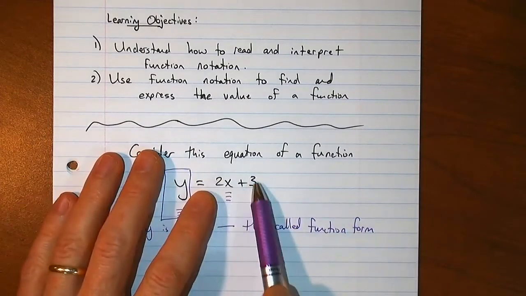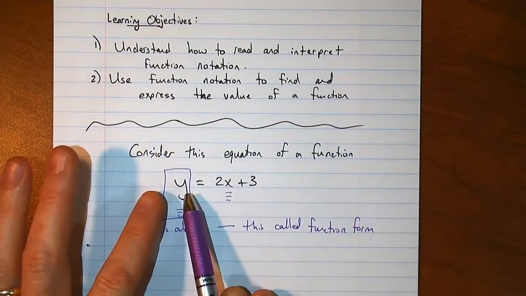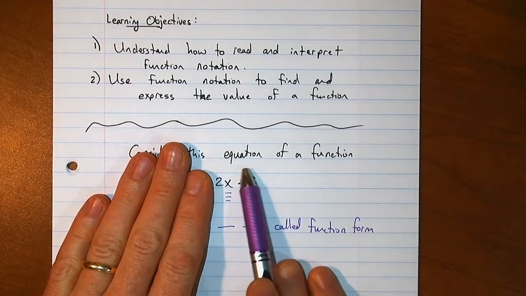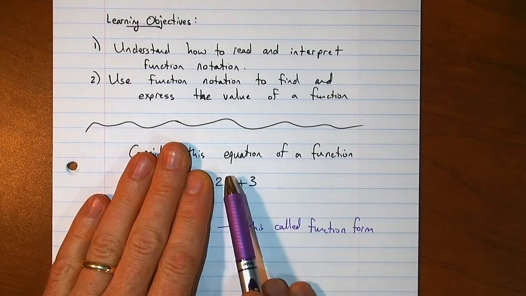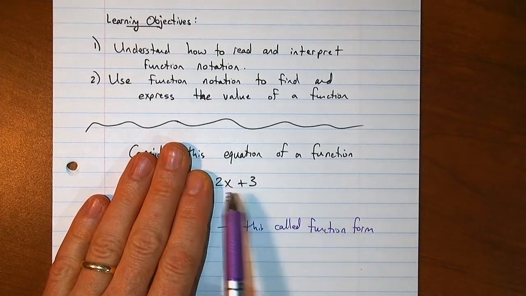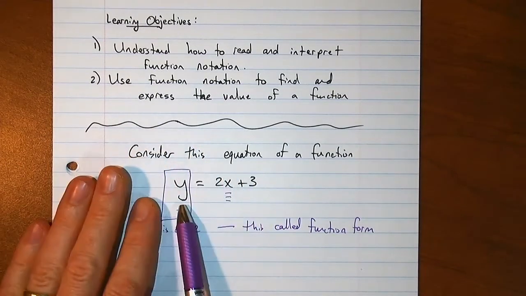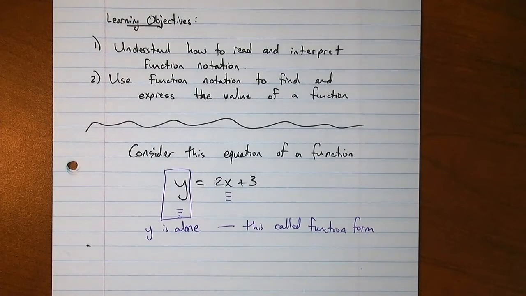This is standard form for a linear expression, right? So I've got the y all by itself, and then this expression is in standard form. It's fully simplified. All the like terms have been combined. The exponents go down from biggest to smallest with a constant at the end. Okay, so I've got standard form for the expression equal to y, and y is all by itself. When we get that, that's called function form for the equation.